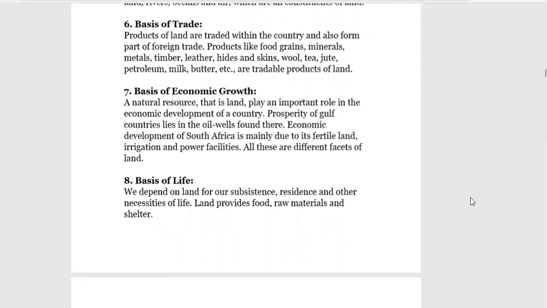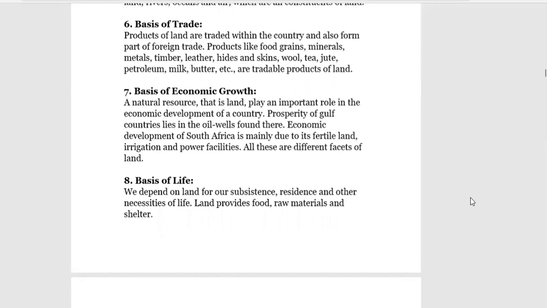If you see a place where there is no land, or some desert area where nothing can be produced, in those parts the economic growth is very less. Why? We cannot use that land as per our requirement.